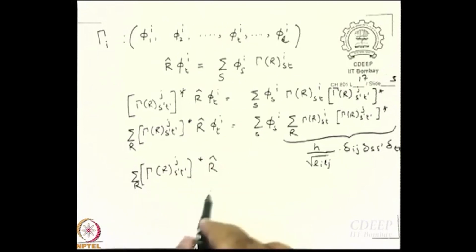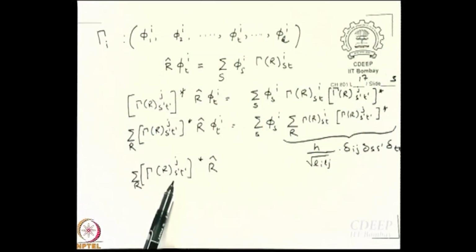Now see, in whatever I have written so far, nothing has changed, isn't it? By putting this Kronecker delta, nothing has changed in whatever I have written so far. You notice that? Now the change will come. Here it is already in terms of some specific S dash, some specific T dash. So up to R hat, nothing has changed.